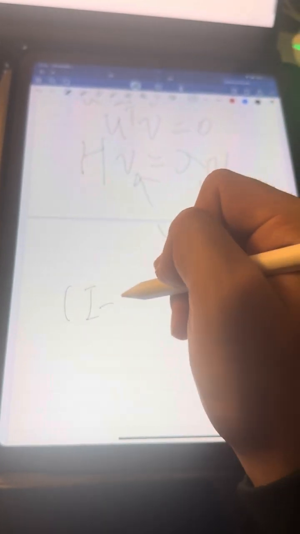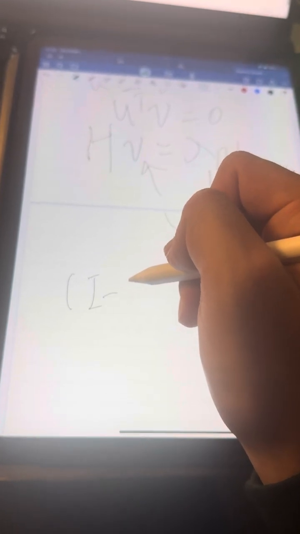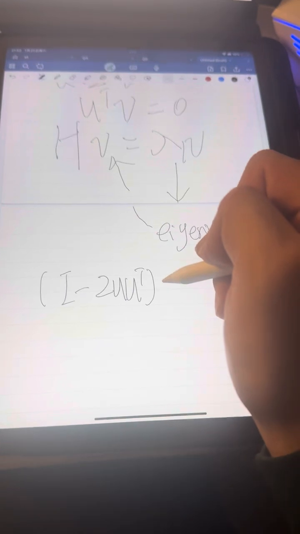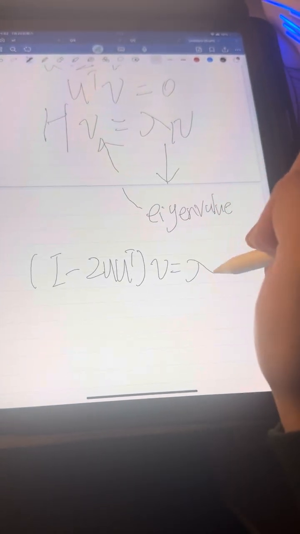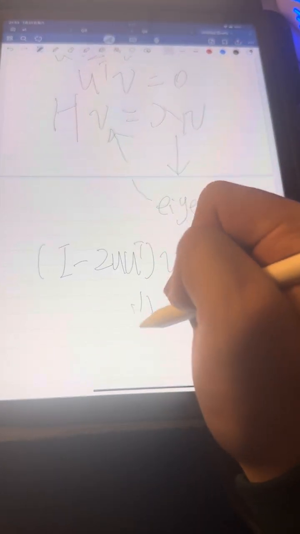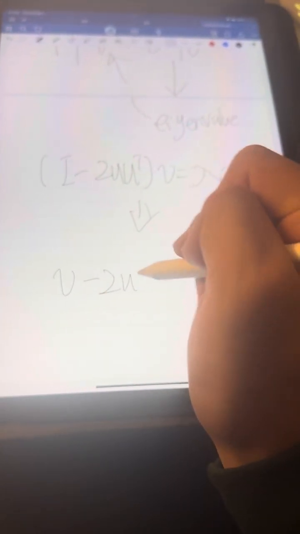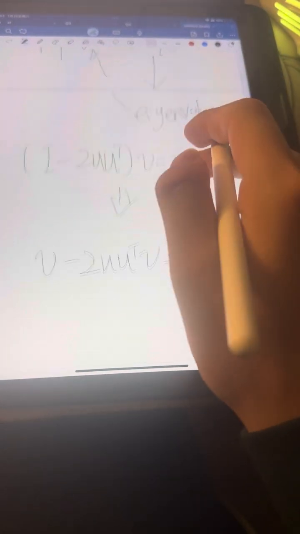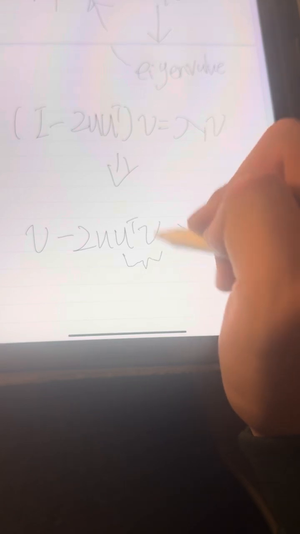The following steps are quite simple. We just do what we did again, right? And look at this part, because they are orthogonal, this part is 0.